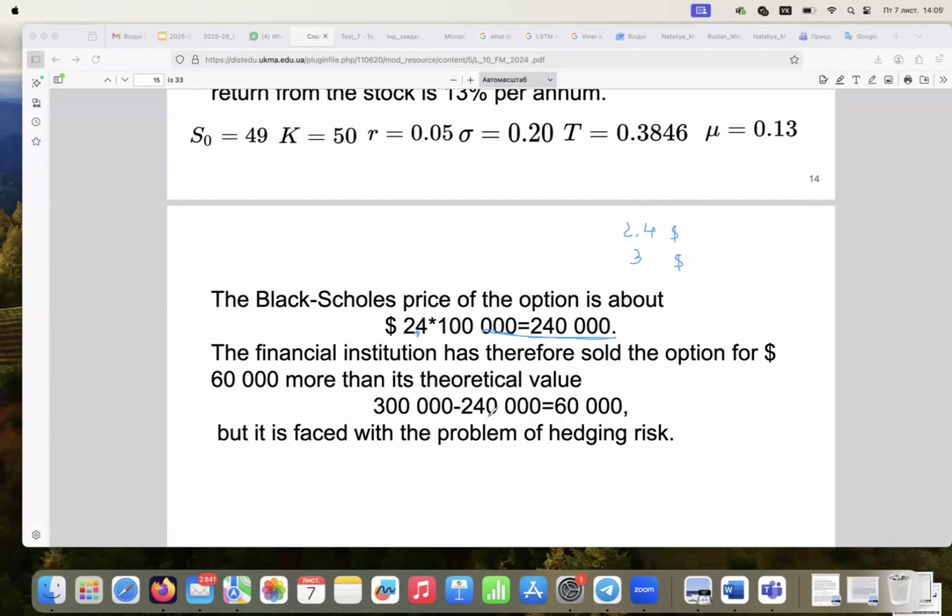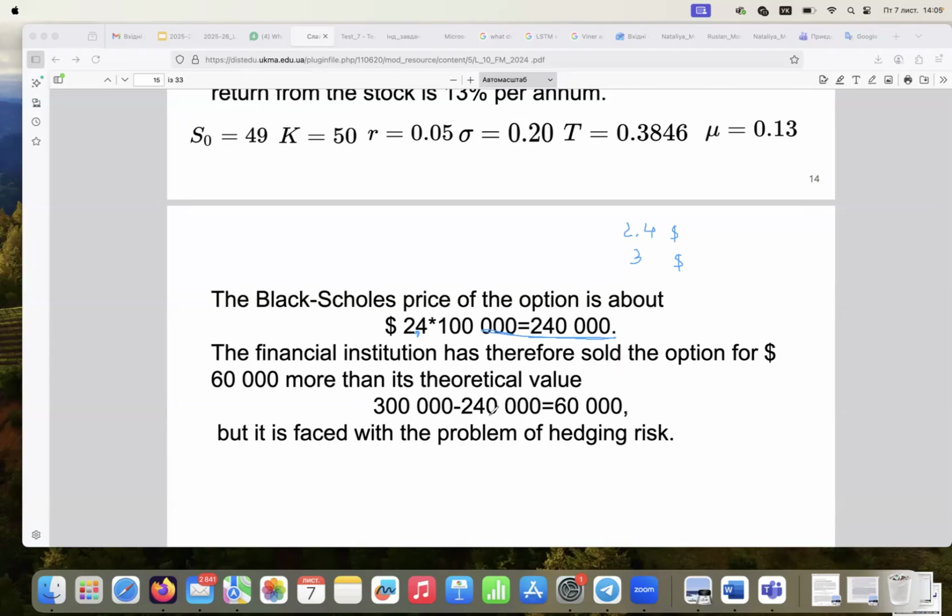So this company can say, oh, it's good, it's nice, this option was overvalued. And it is a difference, but it's not a profit.